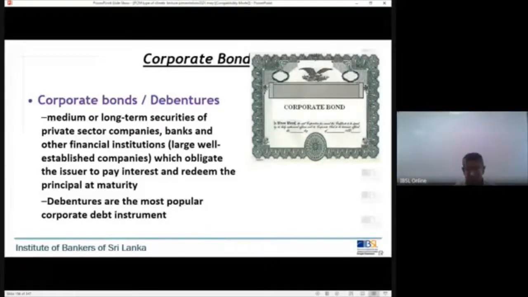So what happens if the banks do not have enough capital? To improve their capital, they issue debentures. Therefore banks issue debentures to the market to improve their capital adequacy. Just remember that, that is enough.